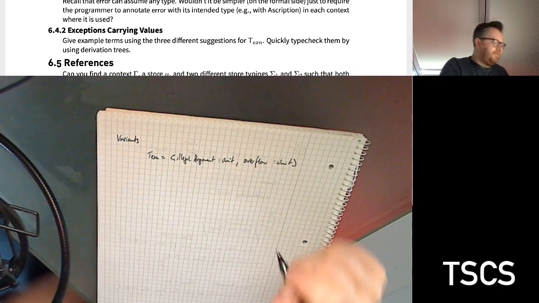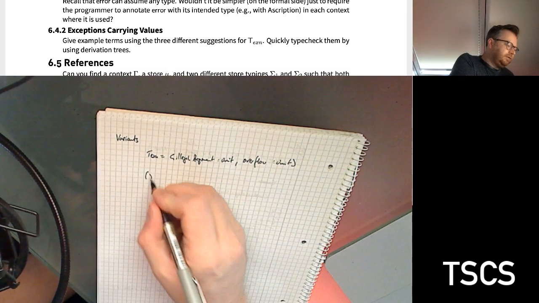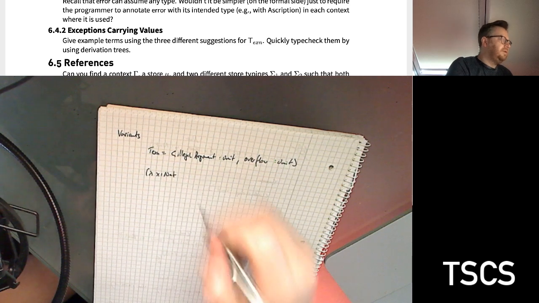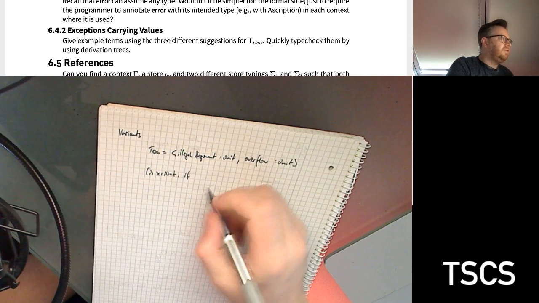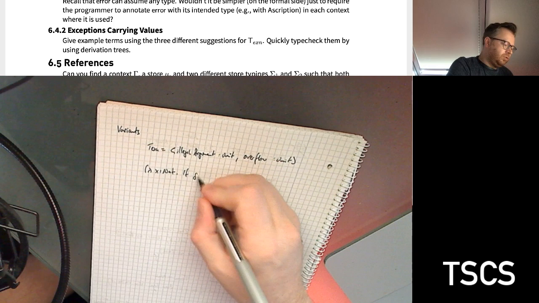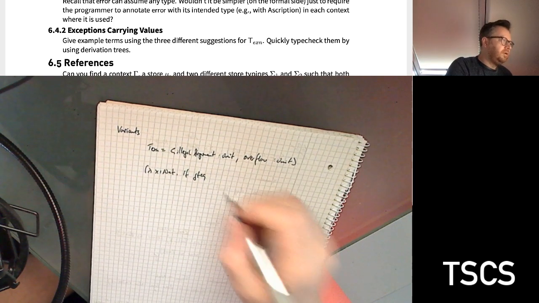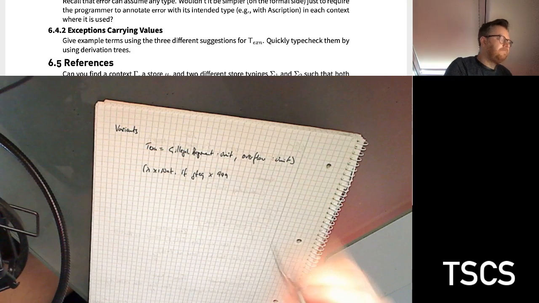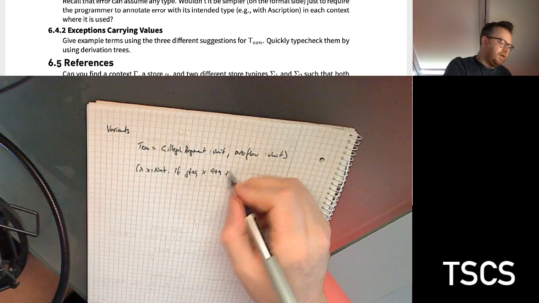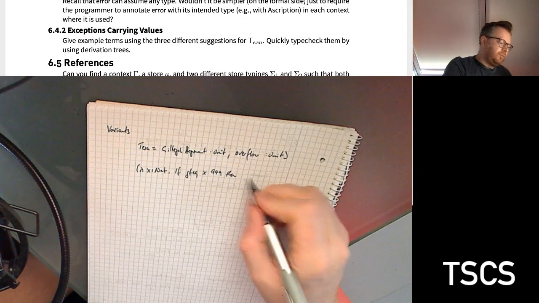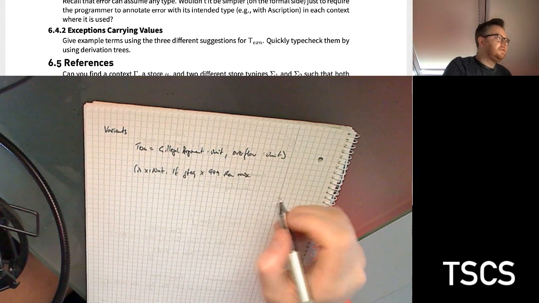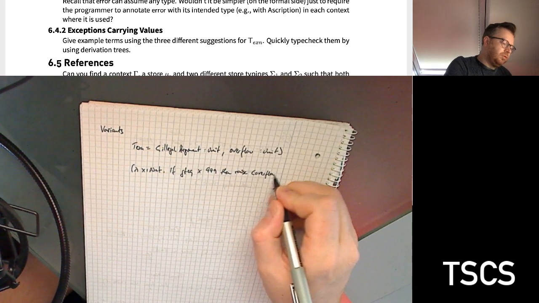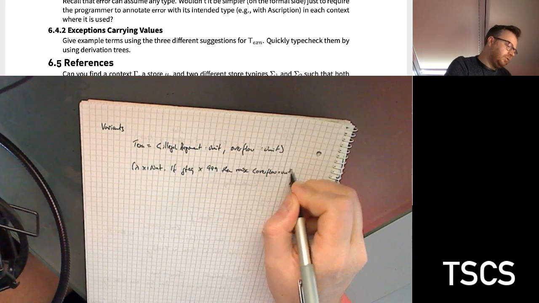And then we have a term like this, lambda x nut, if greater or equal x 999, then raise overflow equals unit.